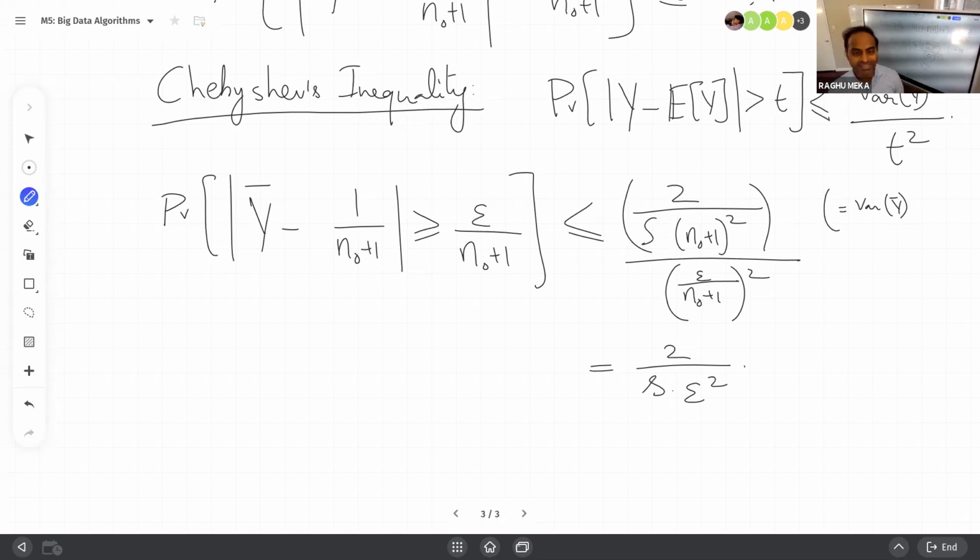So it's basically saying, if I want a 0.1 or 1.1 factor approximation to N0, then I need to choose S to be something bigger than 1 over epsilon squared, 1 over 0.1 squared, to get some reliable estimate. Okay, does this make sense? Yes, no?